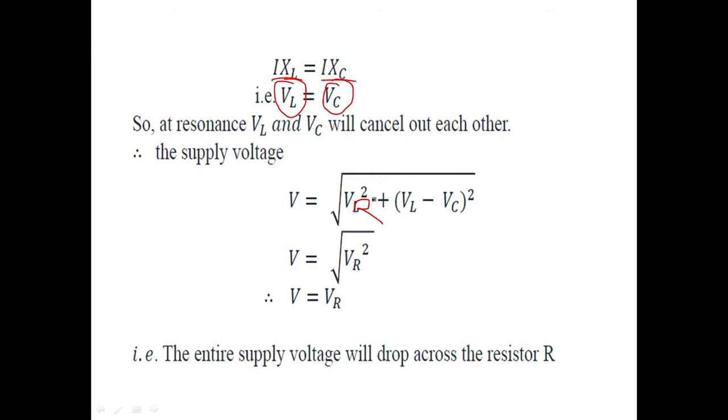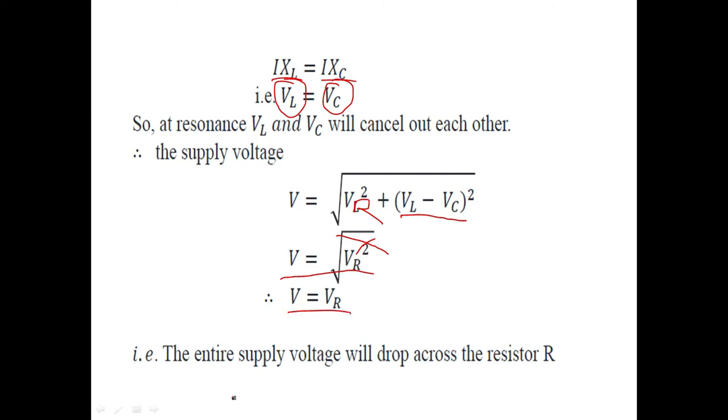At resonance the inductive and capacitive properties act opposite to each other, hence they cancel. VL minus VC is cancelled, hence the voltage V is equal to the square root of VR squared, and the square and square root cancel, so V is equal to VR.